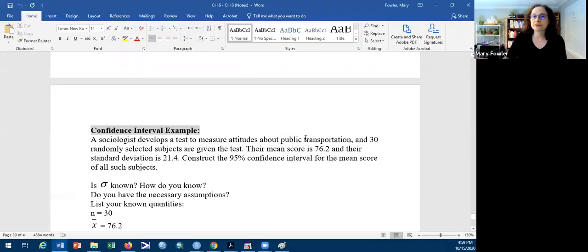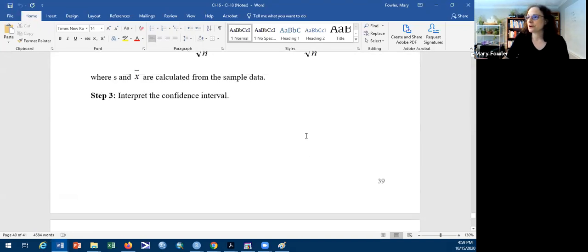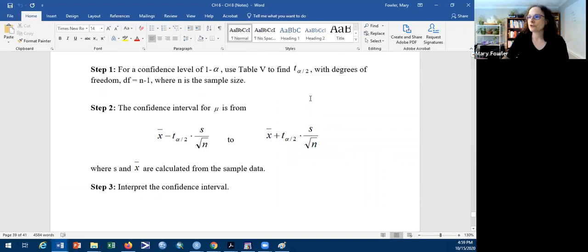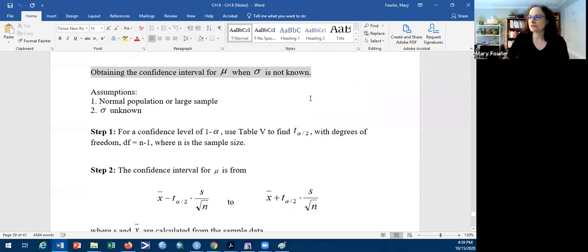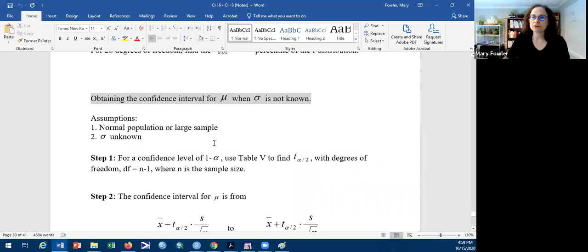So we're going to look at this example that's in the notes, a sociologist. Again, it's the process for the confidence interval before we jump into the example. We have to have our assumptions met. So just to be clear, even though we're not doing a normal interval, we still need normality of X bar for the T distribution to be a valid procedure.